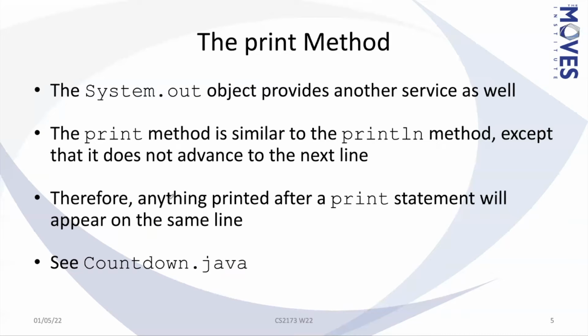Those are defined by the class that it has been instantiated from. So in particular, the System.out object has, in addition to the println method, a print method. What's the difference? Println will print its argument to the console and then move to the next line. The print doesn't. So the print just stays on the same line.